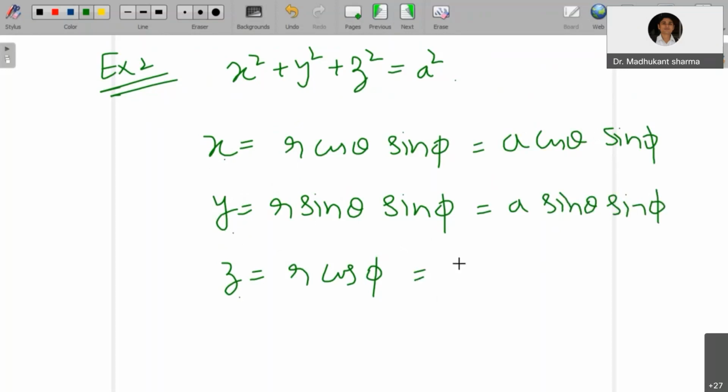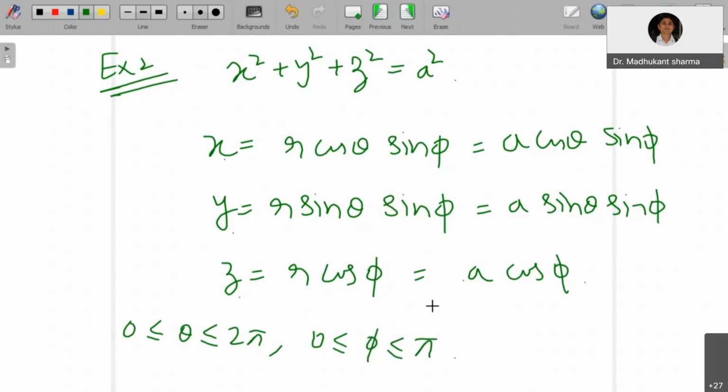We will do more work on these. Later, when we evaluate the surface integral of a vector field, we need this type of parameterization. Here, 0 less than or equal to theta less than or equal to 2 pi, and 0 less than or equal to phi less than or equal to pi.